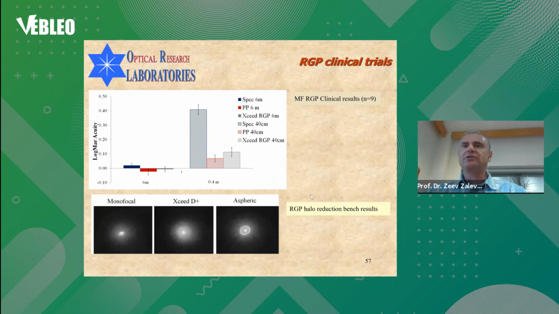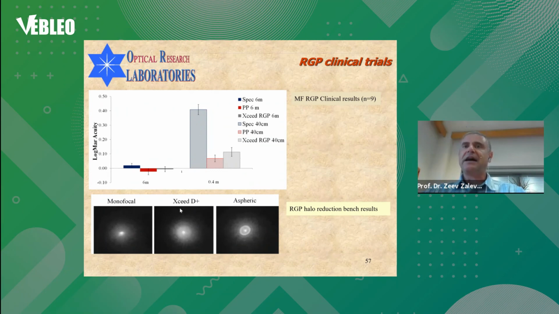There is another thing which is called the halo effect, which means how the lens functions at night when you have very bright point sources like lamps and so on. Our lens not only extends depth of focus and solves presbyopia and also other problems like astigmatism, but it also significantly reduces the halo effect, and therefore our subjects could enjoy it much better at night, in dark conditions.